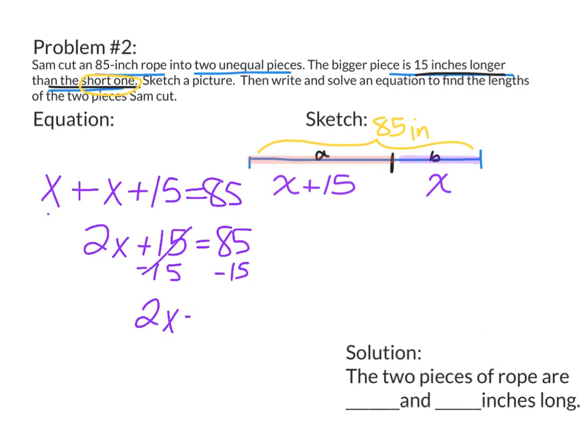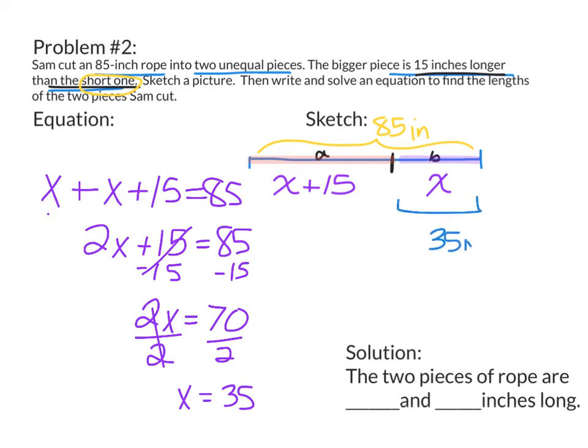And I have 2x equals 70. Then the final step here is to divide both sides by 2 to get x equals 35. What that tells us is that this piece right here is 35 inches. And then this piece over here is 15 more than that.